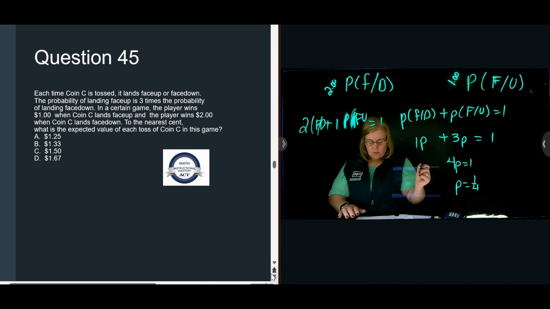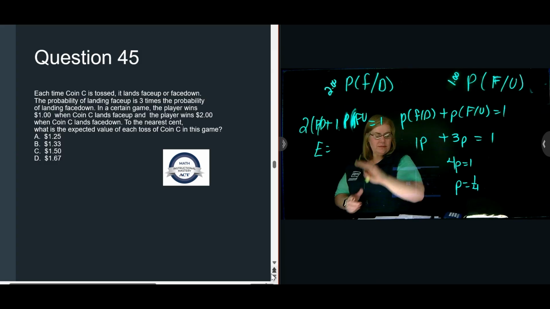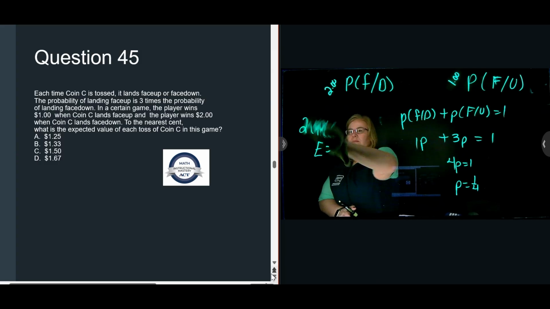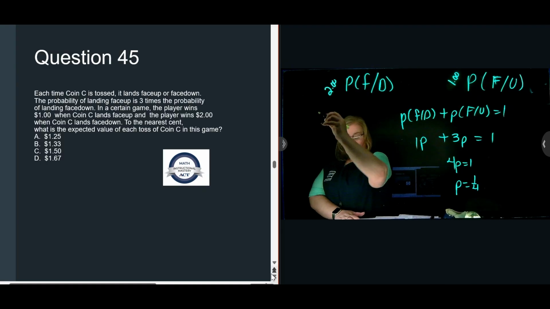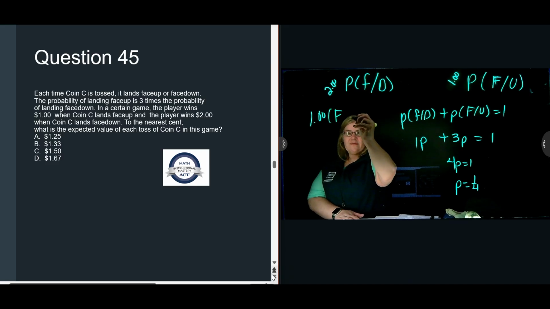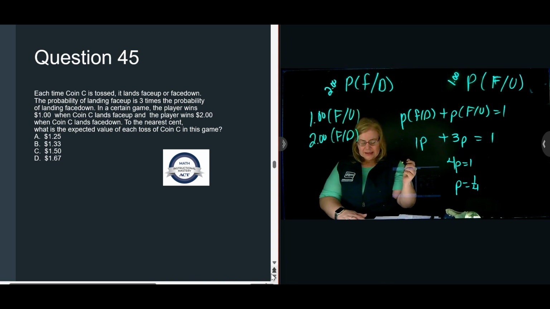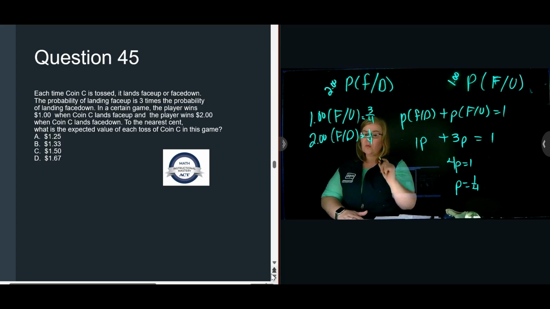So for my expected value, we got this a little messy. Let's rewrite it. Sometimes Miss Killen gets it so messy she can't read it. All right, so we've got $1 times face up and $2 face down. I know that this is 3/4 likely and 1/4 likely, right? Because this is 3 times more, this is 1 time.